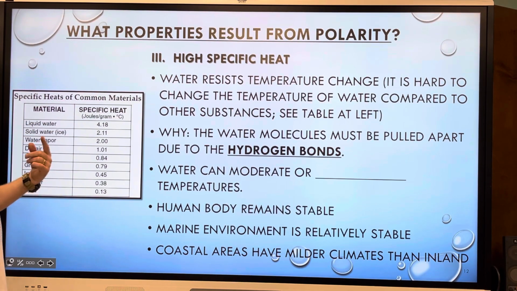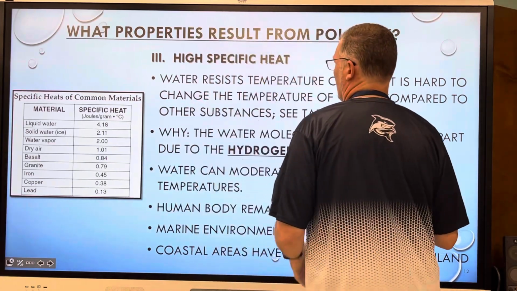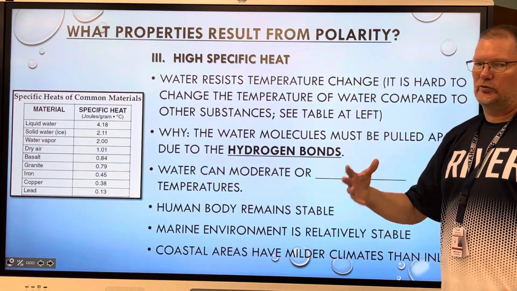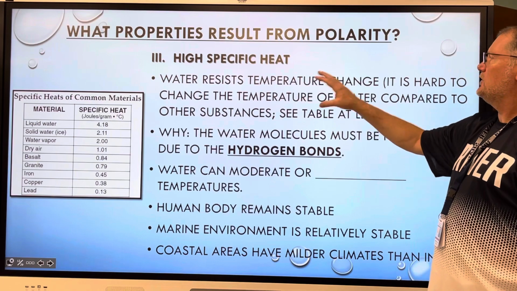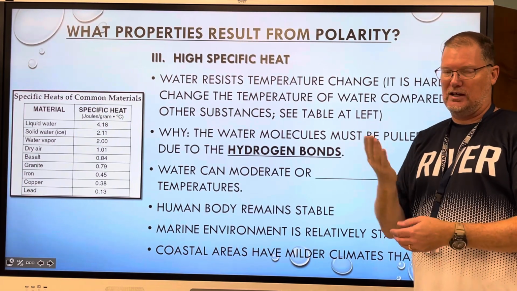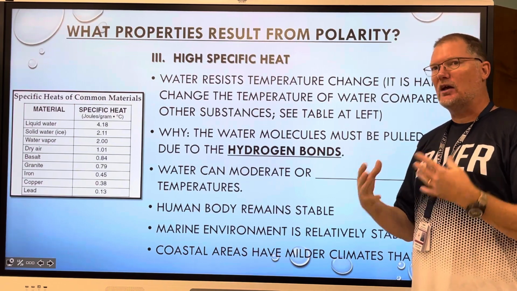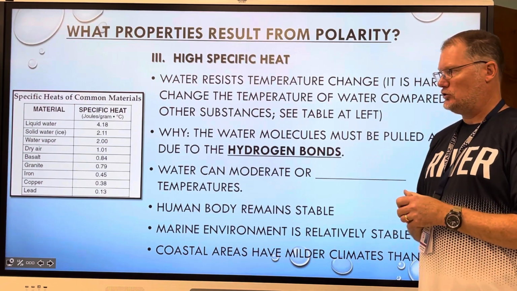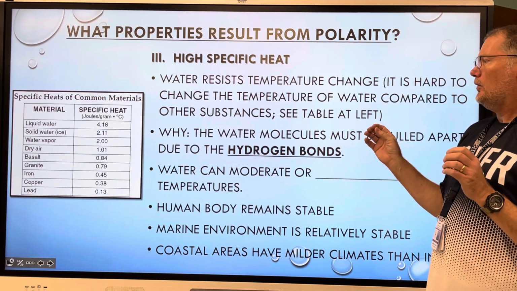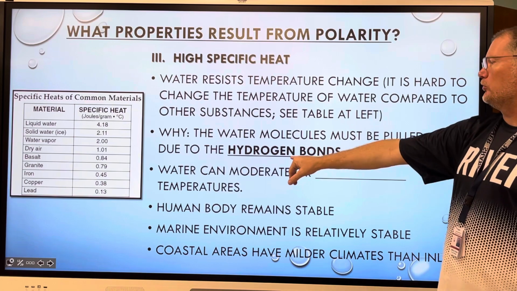As a matter of fact, it's got one of the highest specific heats. Let me explain it in very simple terms, okay? Water resists temperature change. That's what high specific heat means. A low specific heat would be something that doesn't resist a temperature change. It's because the water molecules must be pulled apart due to hydrogen bonds.